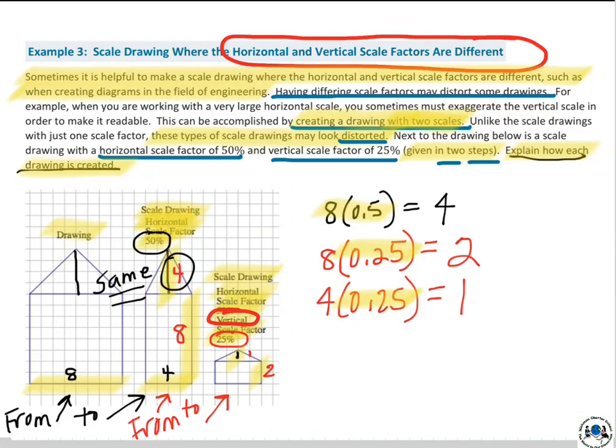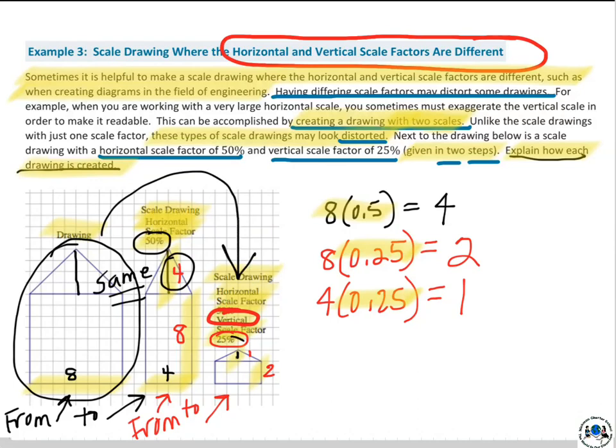So by applying 2 different scale factors to this drawing, we end up with this drawing here. First we applied a horizontal scale factor of 50%, and we made a skinny house, same height, very skinny, very steep. Then we applied a 25% vertical scale factor, and we made it a bit more squat.